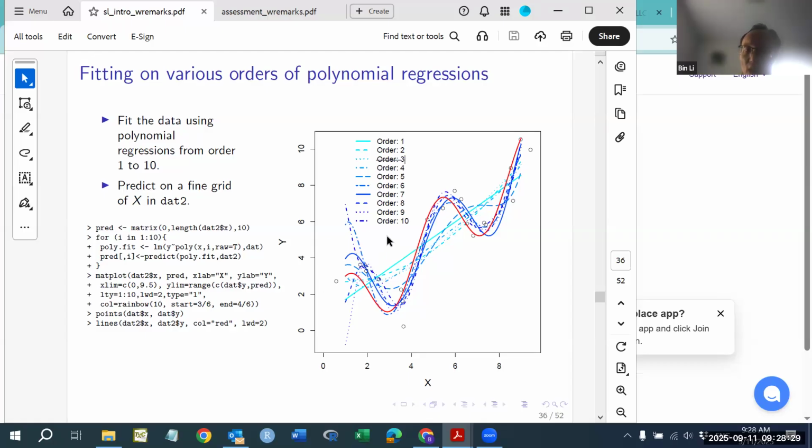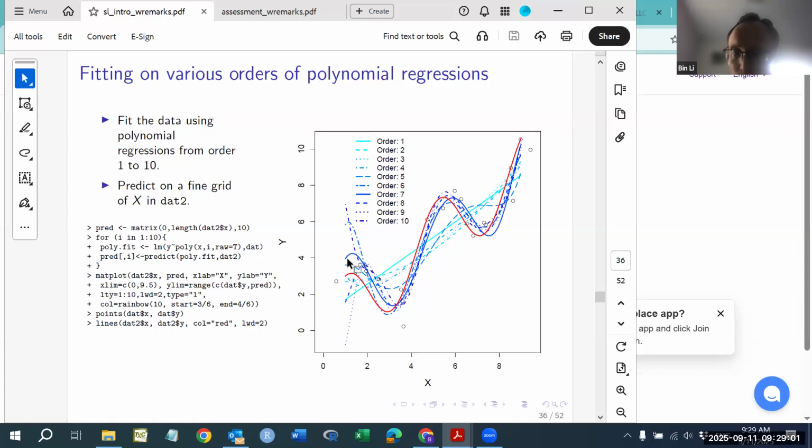Here I'm trying to find out what is the optimal polynomial model to fit the underlying true function. So I'm examining 10 possible choices, from order 1, that's the linear model, to order 10, the polynomial regression model with the highest order. You can see we have several curves.